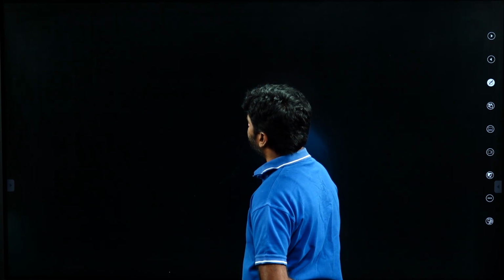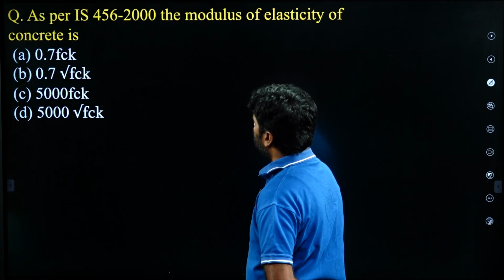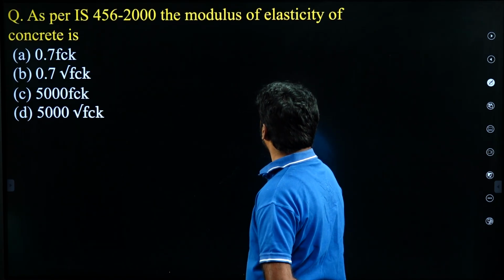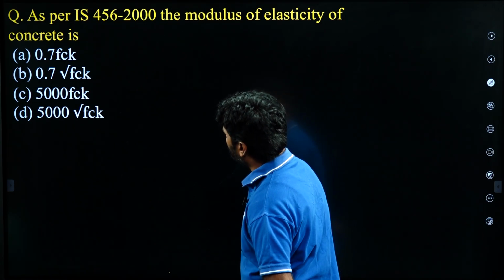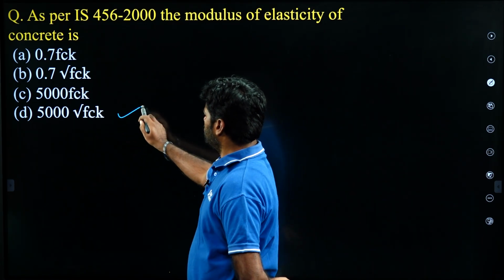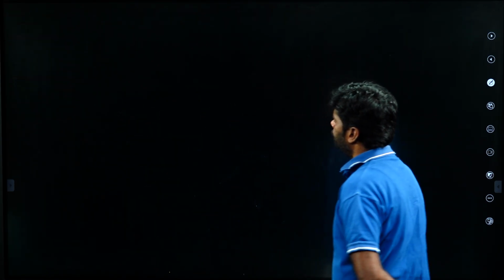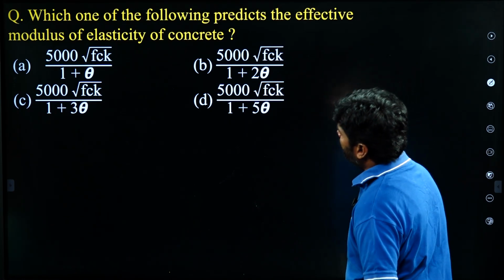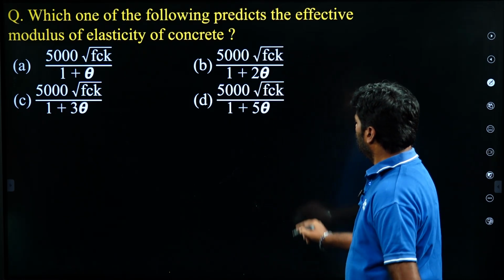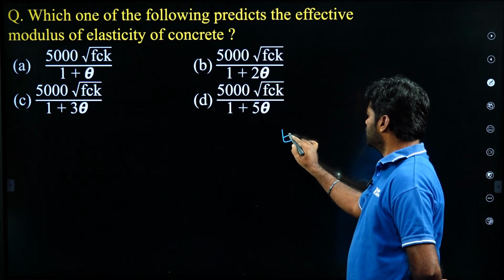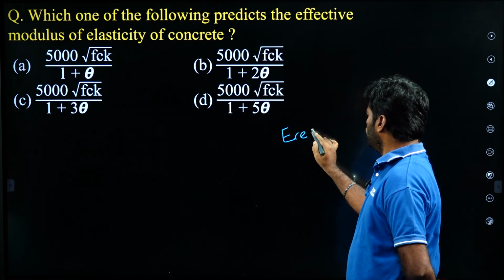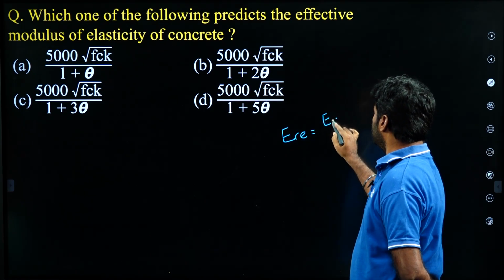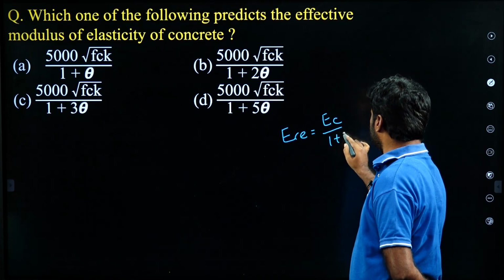Next question. As per IS 456-2000, the modulus of elasticity of concrete, repeated question, right? 5000 root FCK. Next question. Which one of the following predicts the effective modulus of elasticity? You can say long term modulus or effective modulus, meaning the same, that is EC upon 1 plus theta.